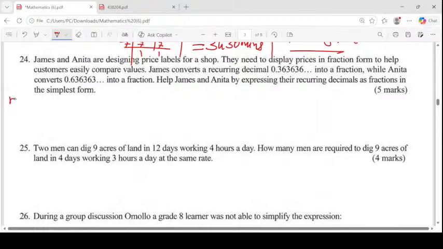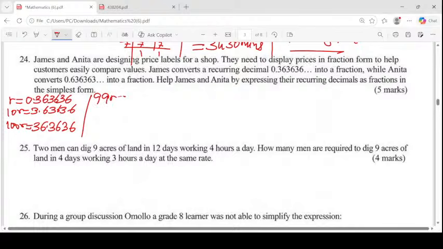So the first recurring decimal is r equals 0.363636. Then 10r will be 3.63636. Then this means 100r will be 36.3636. Subtracting equation 1 from equation 3, 100r minus r, this will be 99r being equal to 36.36 minus 0.36, this is 36.